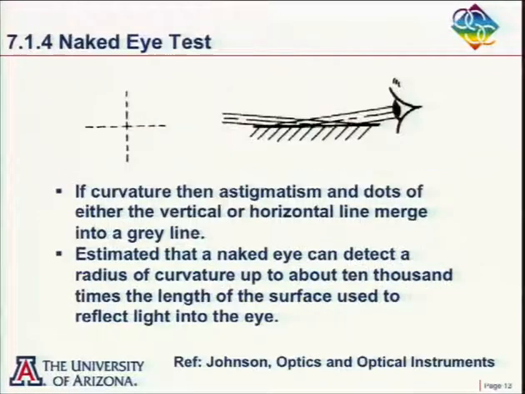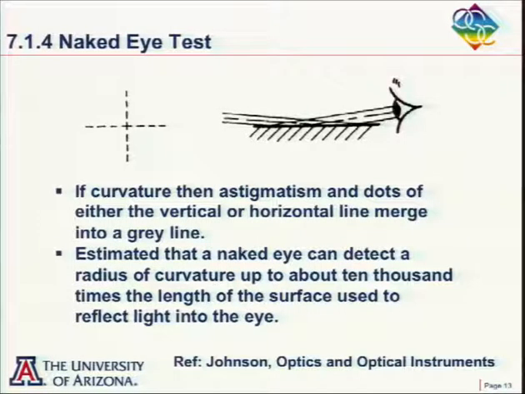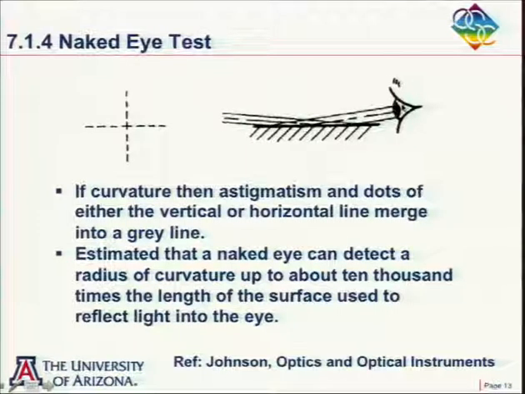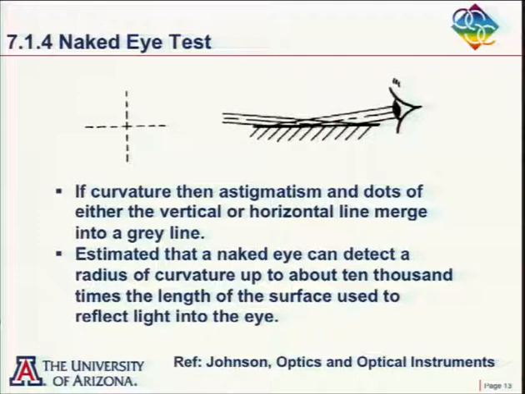Okay, so that's the Ritchie-Common test. This is not so important, but it's kind of interesting. It's going back to the same idea. If I have a mirror with a little curvature in it, and I look at the light reflected off the mirror at a large angle of incidence, I will see astigmatism.